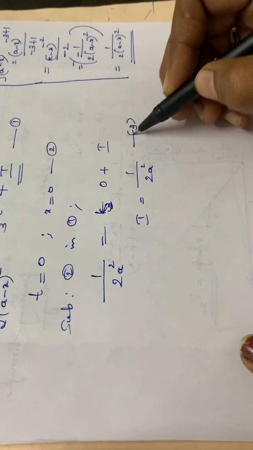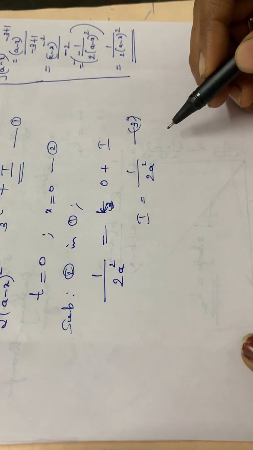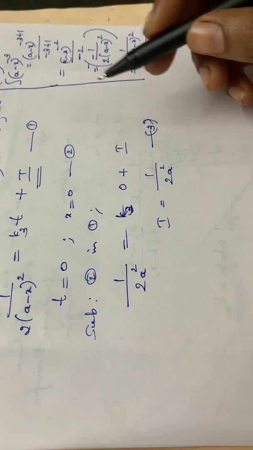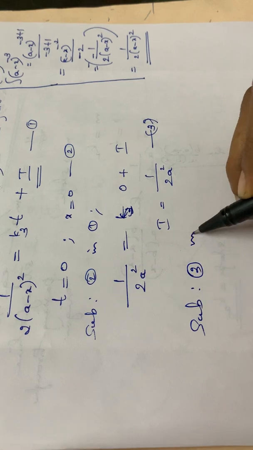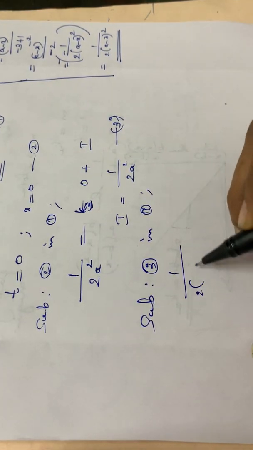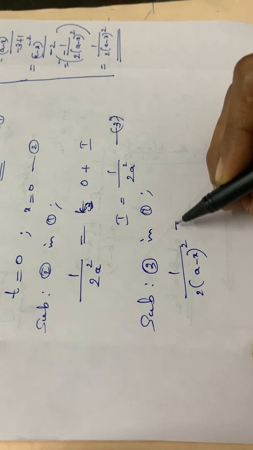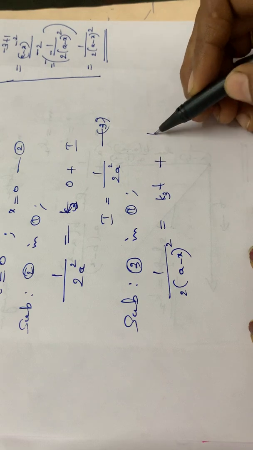Let it be equation number 3. Then you have to substitute equation 3 in equation 1. So 1 by 2 into a minus x, the whole square, is equal to k3 into t plus 1 by 2a square.